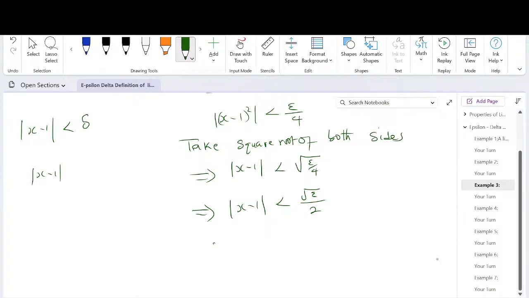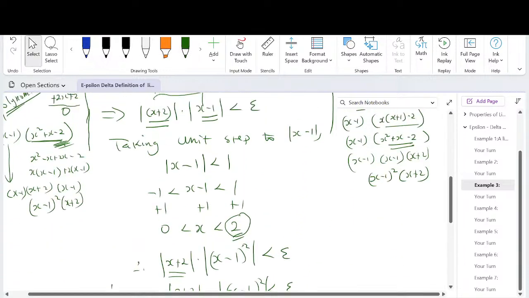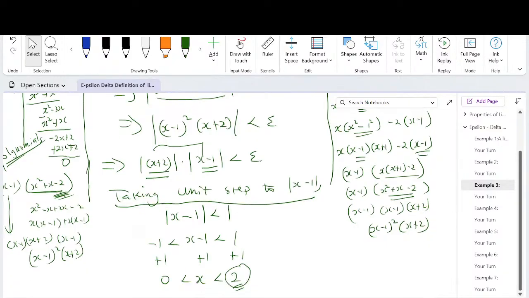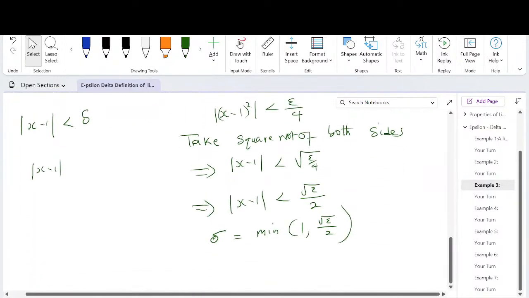Anytime you do this, delta will always be equal to the minimum value between 1 and the square root of epsilon over 2. So we must always have this minimum of it.